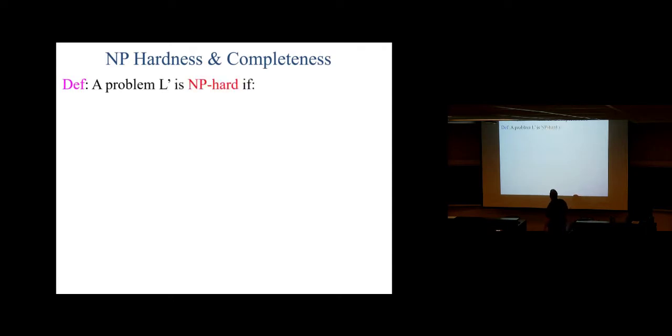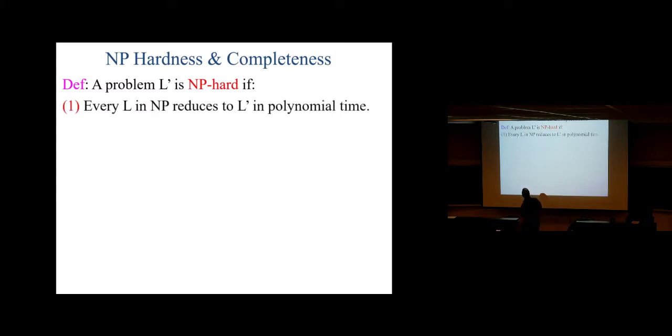Okay, NP hardness and NP completeness. A problem is NP hard if every problem in NP reduces to it in polynomial time. What is NP? It's the set of all problems that are solvable in non-deterministic polynomial time. P is the set of all problems that are solvable in deterministic polynomial time.